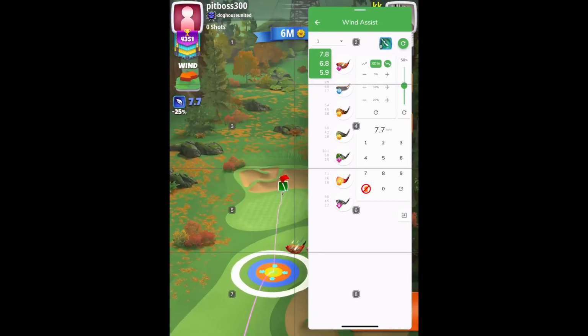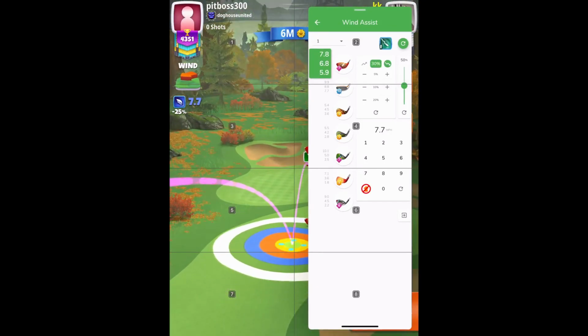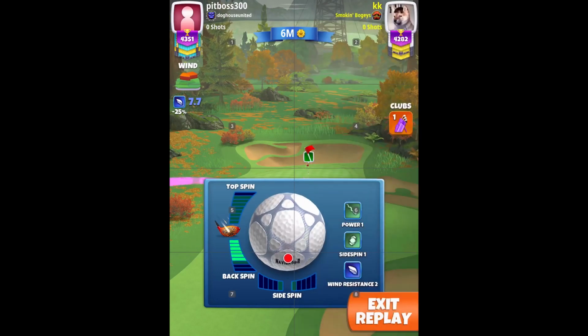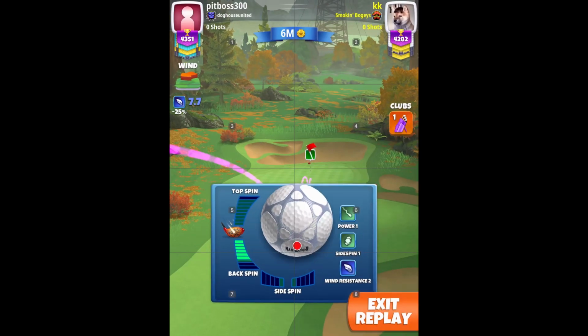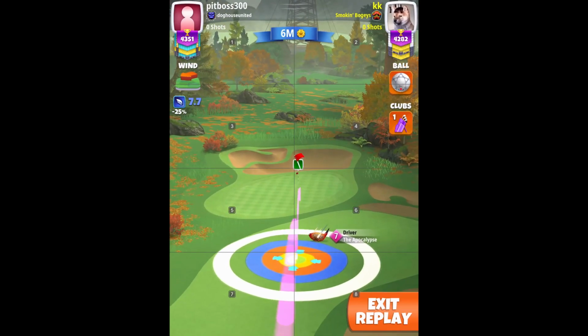Here's another one from right to left. Setting up as normal with about 6.1 backspin.